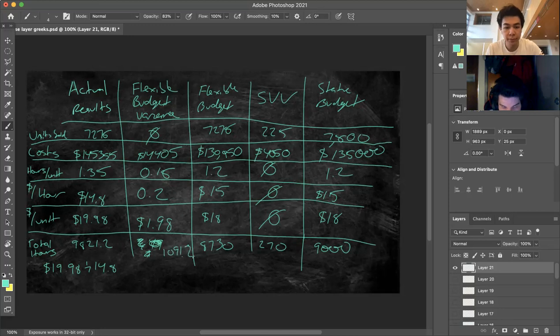Okay. And then to find your variance, you're going to do AQ times AP. So AQ here is going to be the total hours. So 9821.2 times AP.